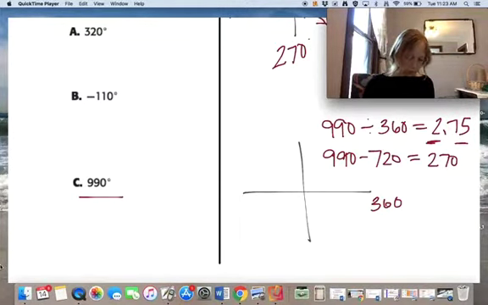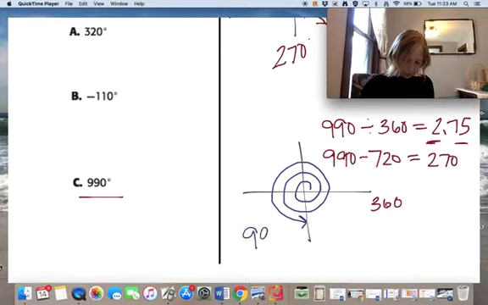Okay, so let's draw this. I'm going to switch colors because I got a lot of red there. So I'm going to go around once, twice, and then 3/4 for a total of 990 degrees. Okay. All right.